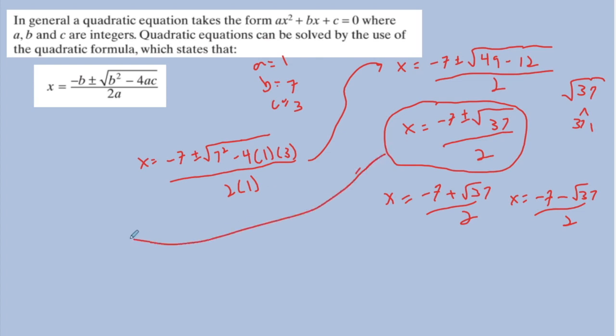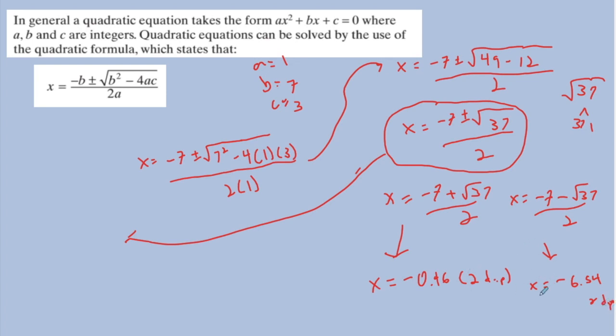We plug both of these into a calculator, and when we plug this one in, we would get x equals negative 0.46 to 2 decimal places, and for this one we would get x equals negative 6.54 to 2 decimal places.